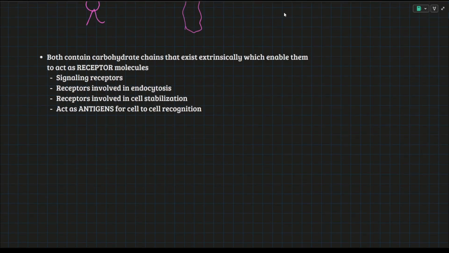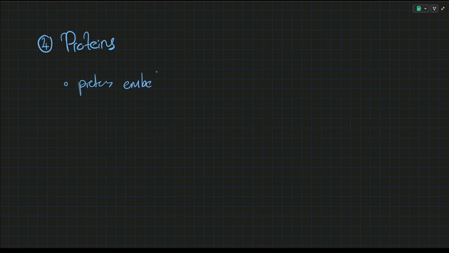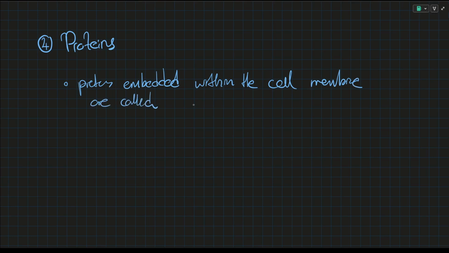Final part, let's discuss what proteins do. Fourth and final part for 4.2, the proteins. Now the proteins embedded within the cell membrane, if they are inside the cell membrane, you call them intrinsic proteins.